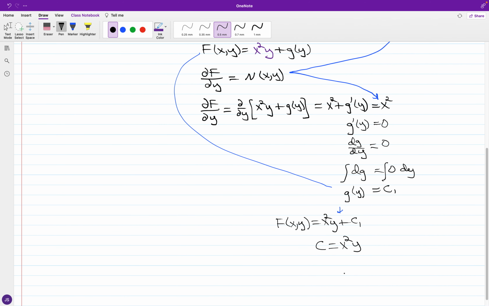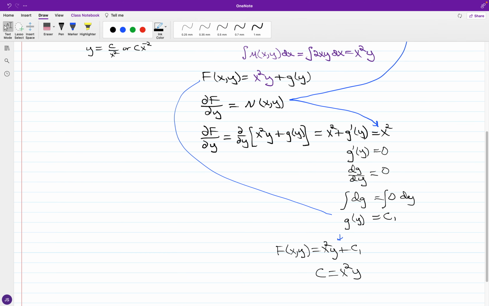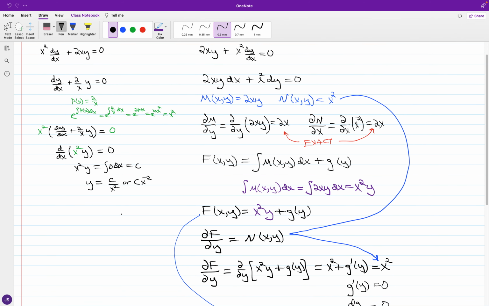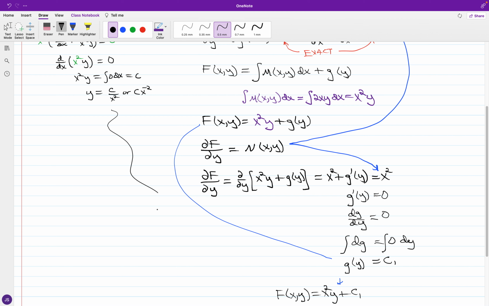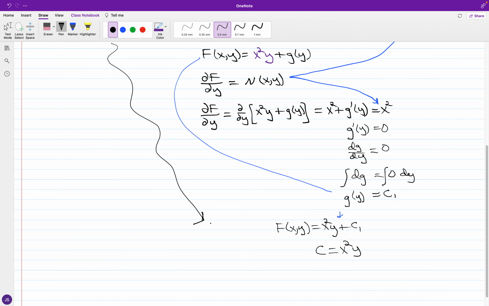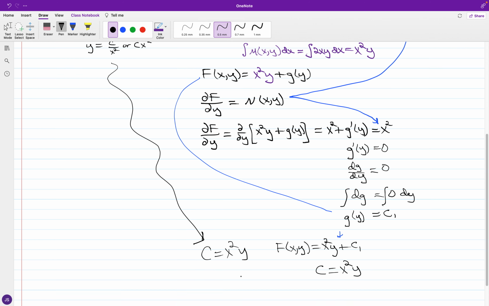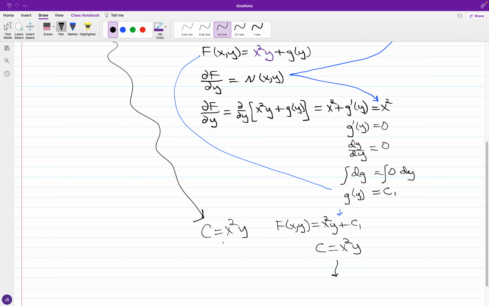And if you notice, when we took the first order linear differential equation approach, we have y is equal to c over x squared. If I multiply by x squared, guess what? We come out to the very same thing, so we have that c is equal to x squared y. And in fact, with both versions solving for y, we have that y is equal to c over x squared, or c times x to the negative 2.